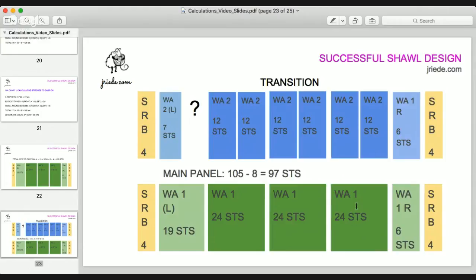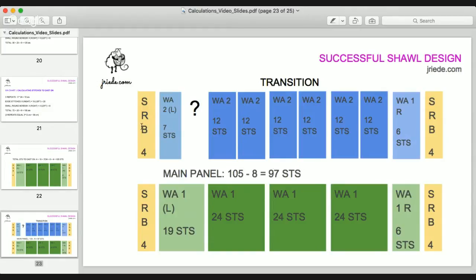The most important part when doing transitions is that the stitch count you have at the end of the first section has to equal the stitch count afterwards. So this stitch count, 105 stitches. The main panel, which means minus the small round borders, the main panel is this green part, is 97 stitches.